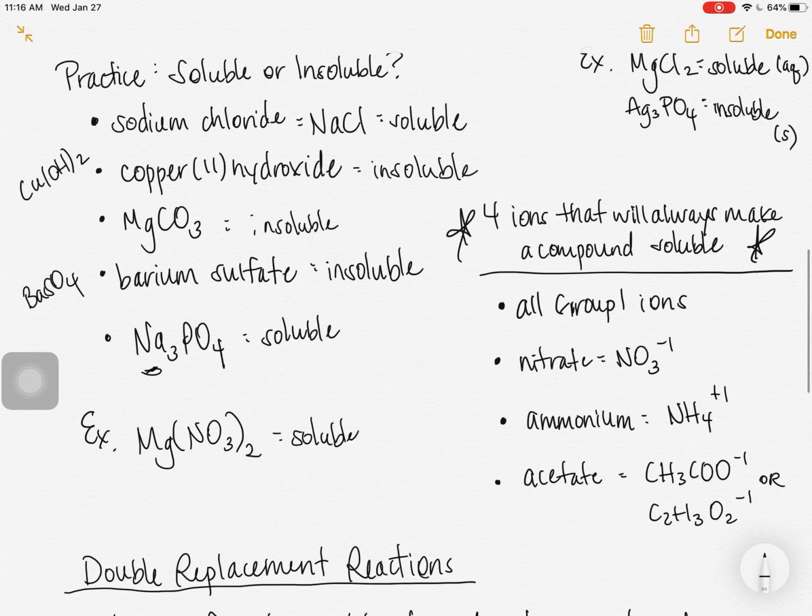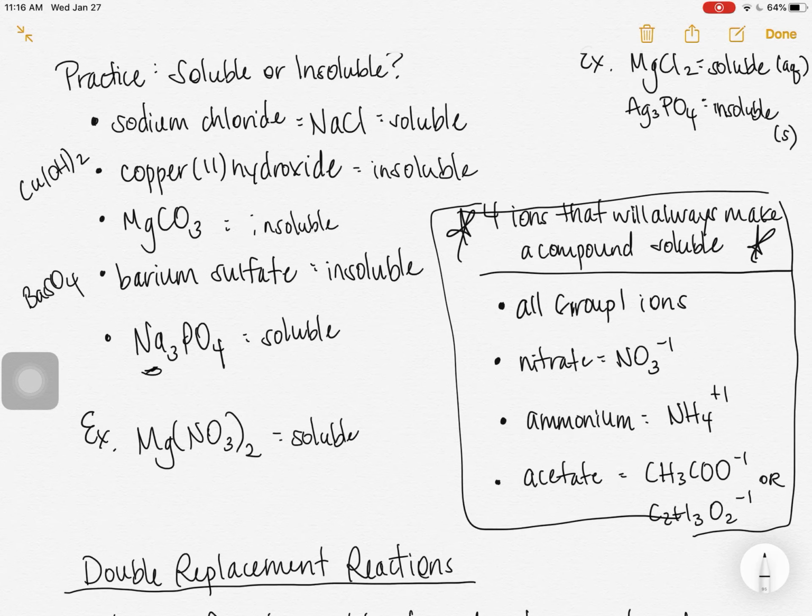Okay, so this is a really important thing to know, and it will help you save some time figuring out solubility. Okay, and this is something that's expected. Students are expected to know about solubility.